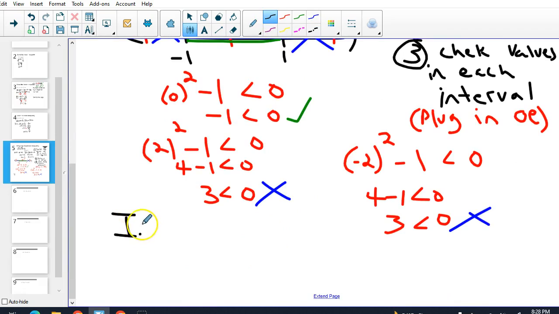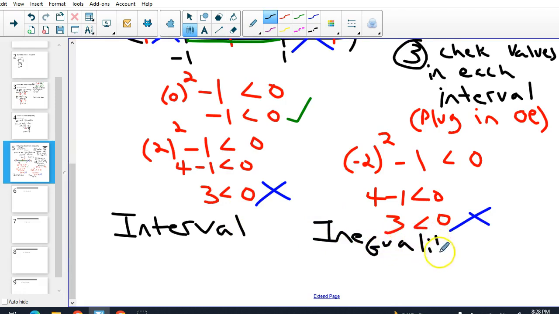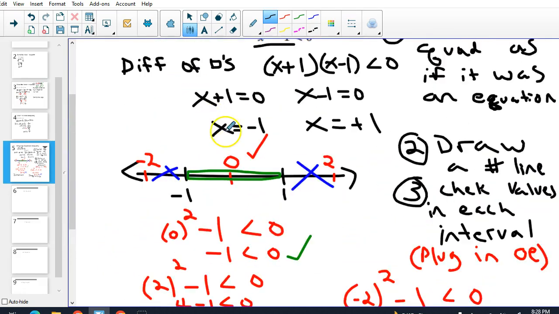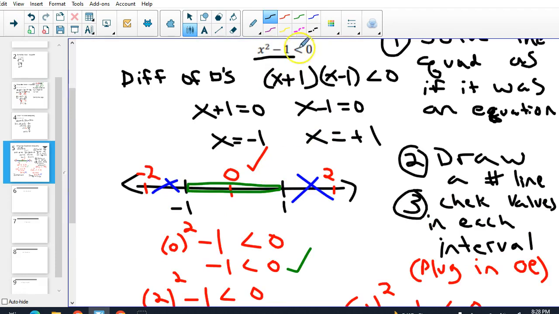We have interval notation, and then the one you're probably more used to, our inequalities. For interval notation, you see how there's no line under there?